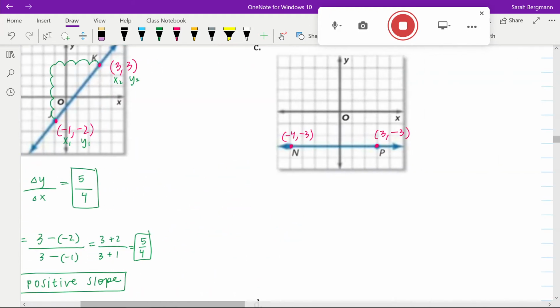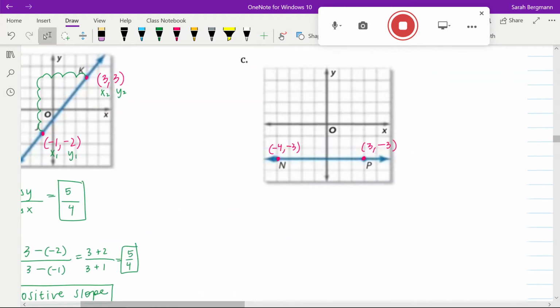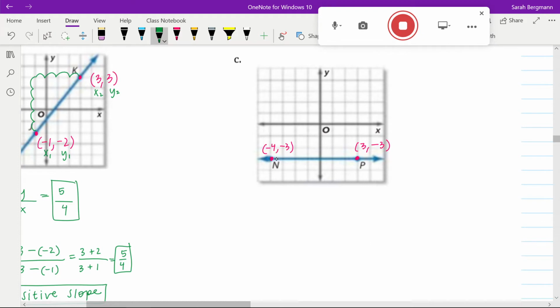Let's look at a horizontal line and a vertical line. So if we tried to calculate this, the rise is actually 0. It does not move up at all. The change in y is 0. The change in x is 1, 2, 3, 4, 5, 6, 7. However, 0 divided by any number is 0.